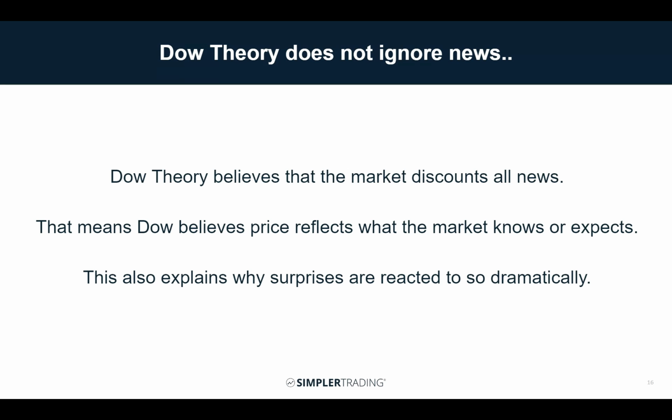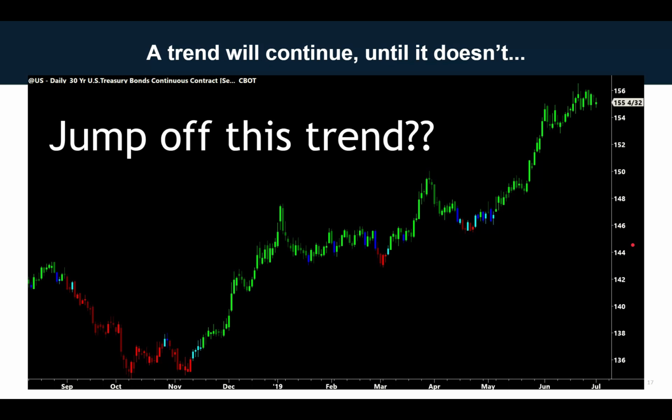So the market's always paying attention to news, and Dow talked about that literally 140 years ago, that the market discounts all news, which means we need to know what the market is thinking about. We need to know how the market is going to respond to, again, OPEC, FOMC, non-farm payroll, earnings, etc. All right. So that was a major tenet that I think a lot of folks tend to overlook, that Dow did respect the news, or at least respected its impact on price action.